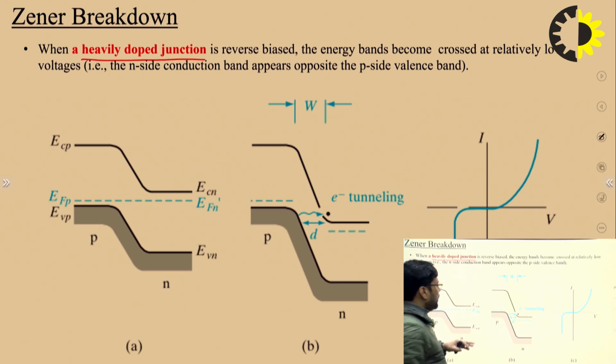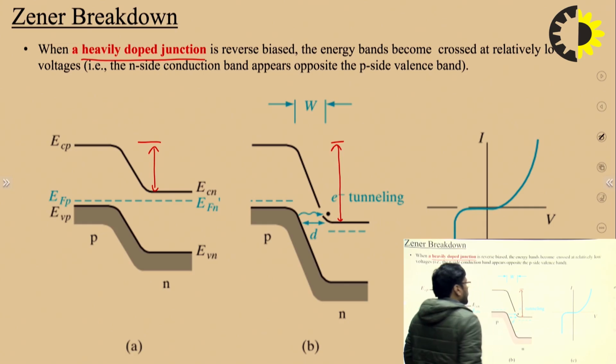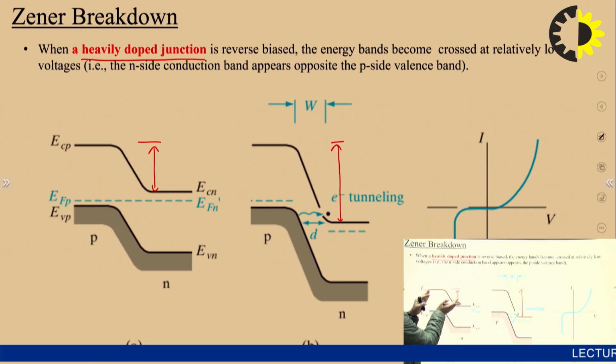In the heavily doped junction, in the reverse bias case, as we know, the barrier height is increased by the amount of the applied reverse bias voltage, right? How do you increase the barrier height? By pulling the energy level down on the n side.